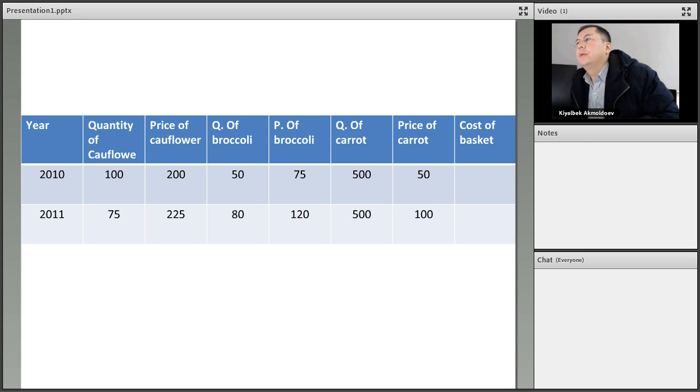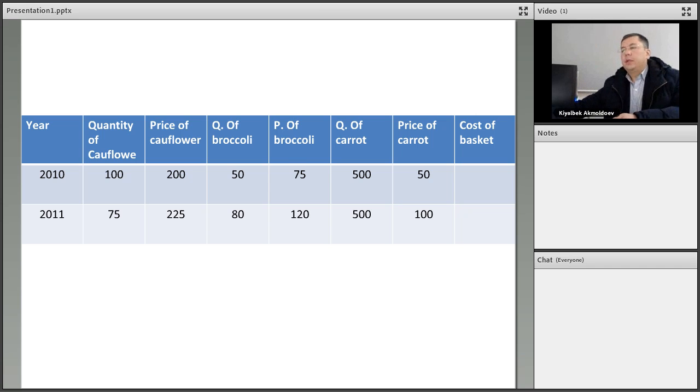Okay. Calculate the price of each vegetable.